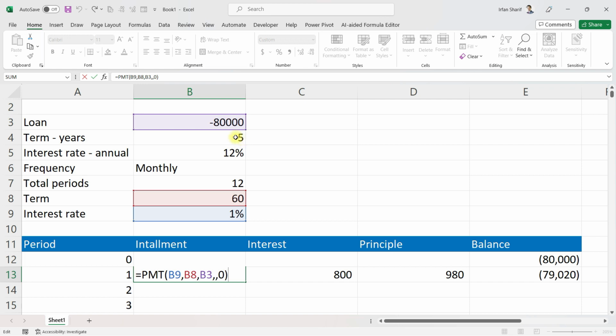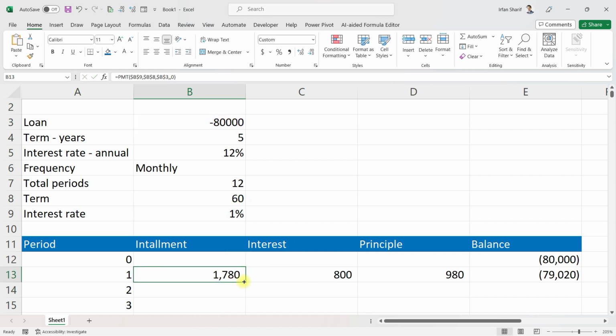Now as I move forward, I want to keep all these cell references intact, right? So the loan amount will remain in the same cell, so will the term, and so will the interest rate. So all of these references will become absolute references, and to do that I will press F4, and by doing this you can see I have locked the cell references.